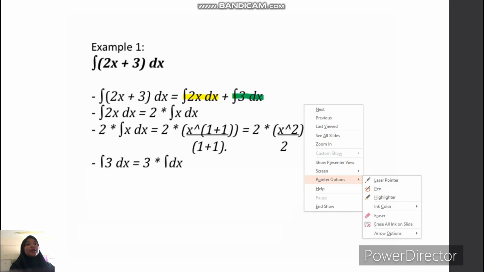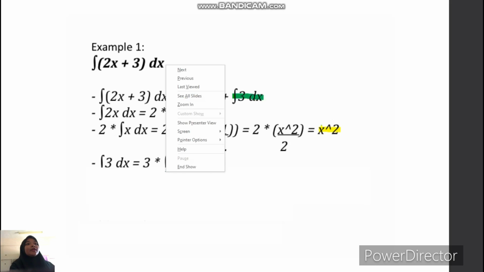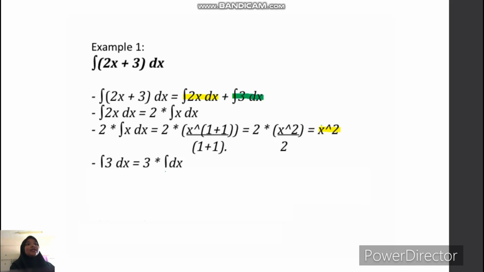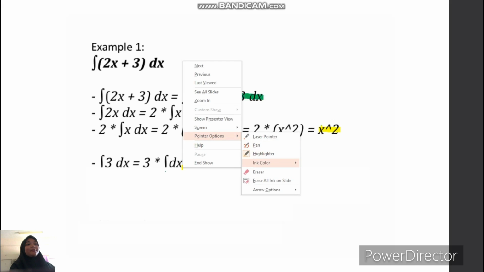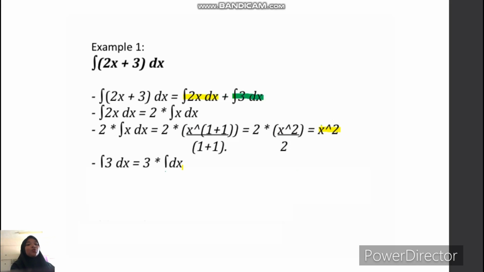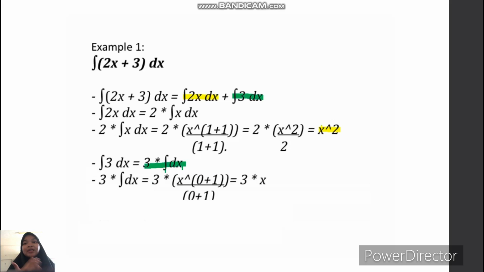After we know the n for the second term, we can apply the power rule to it. After applying the power rule, we will get 3 times x, where n is 0. So this is the answer for the second term.